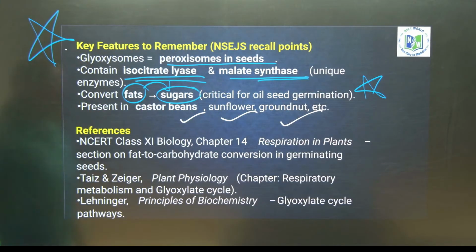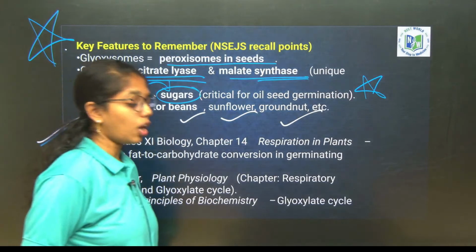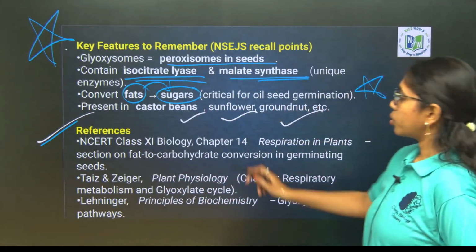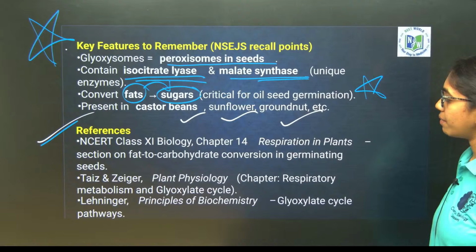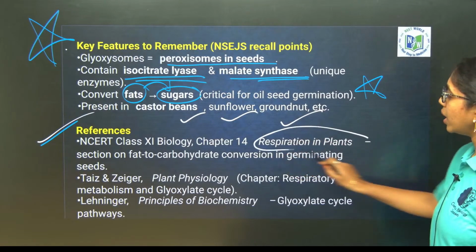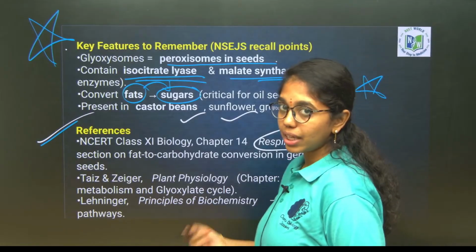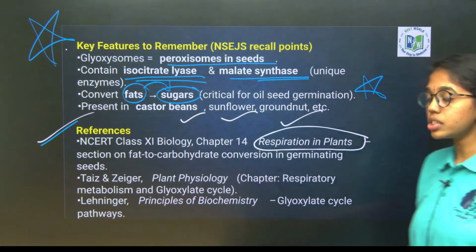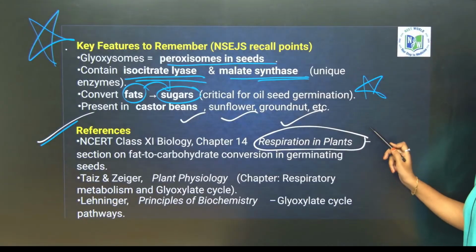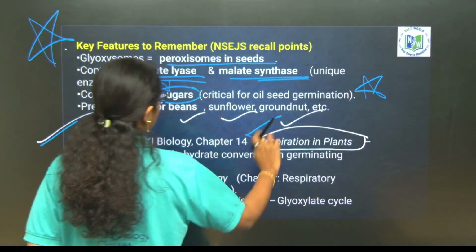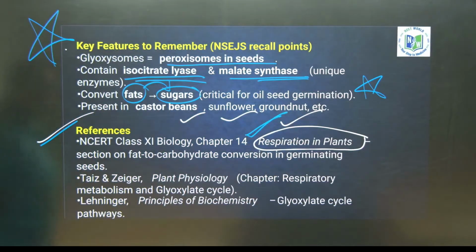So, what are the best reference books for the glyoxylate cycle, TCA cycle or glyoxysomes? NCERT class 11 biology, of course, where in chapter 14 you will get a clear idea on glycolysis, glyoxylate cycle and gluconeogenesis. All these cycles you will get a clear idea in the respiration in plants chapter.